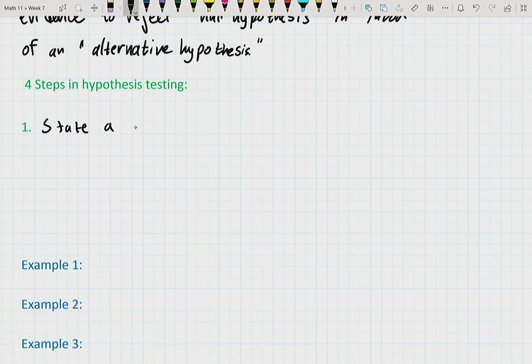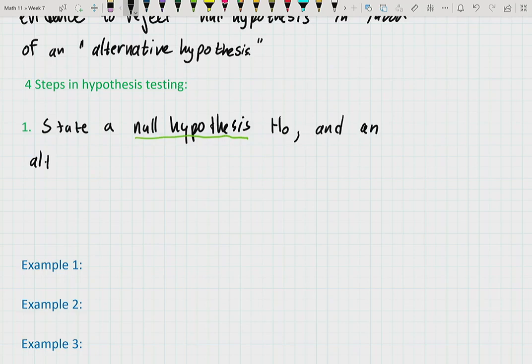You're going to state a so-called null hypothesis, and we're going to use, as typical, H sub 0, or H naught, as it's called, and an alternative hypothesis, H sub A for alternative.